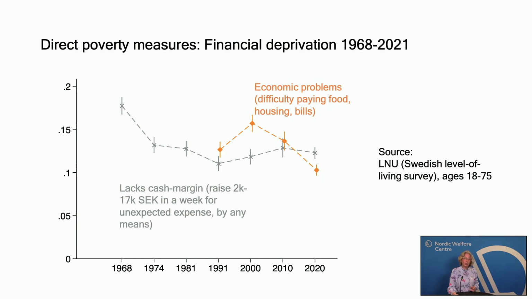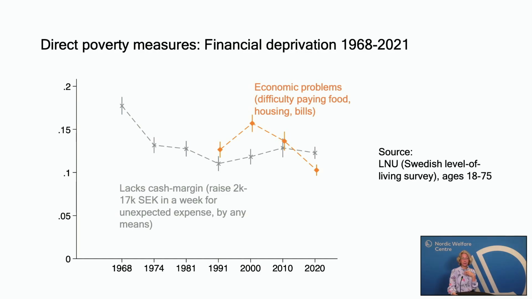And on the y-axis, the axis going up, you see the percentages. The gray curve, we can follow from 68 and on to 2021. That is the proportion of people lacking a cash margin. That is whether you can raise a given sum of money within a week in case you have any unexpected expenses, for example your car breaks down or a washing machine breaks down.